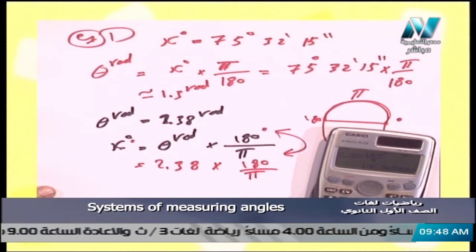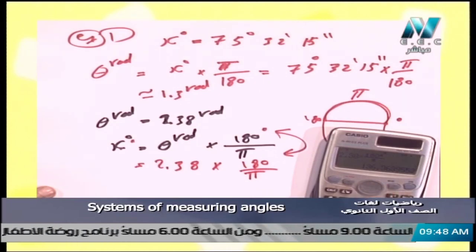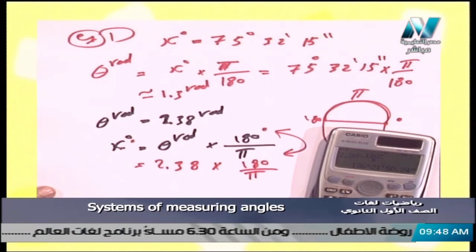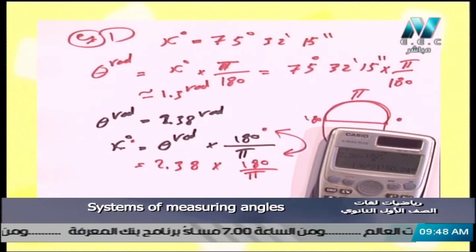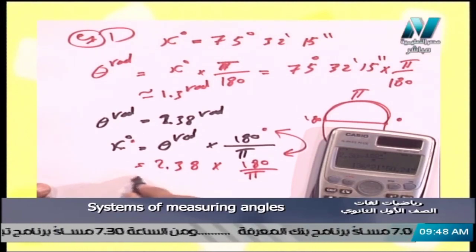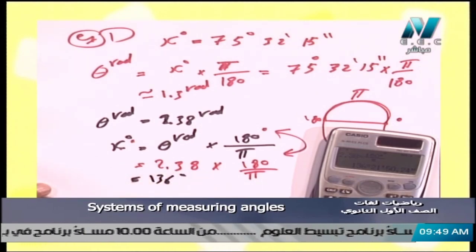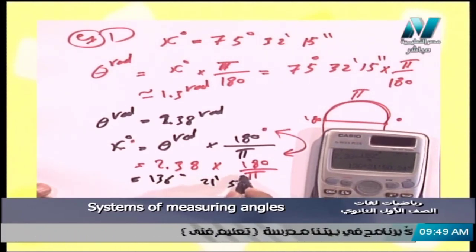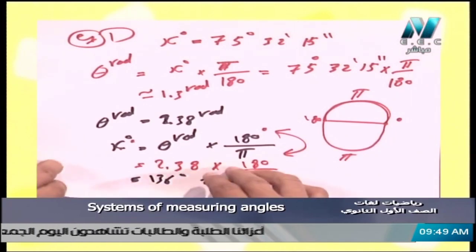The answer will be 136.36 degrees, or we can convert it to degrees, minutes and seconds this way. Press this button, which is degrees, and it equals approximately 136 degrees, 21 minutes and about 50 seconds. Okay, let's move to another example.